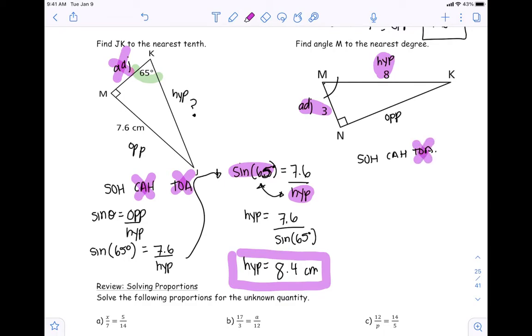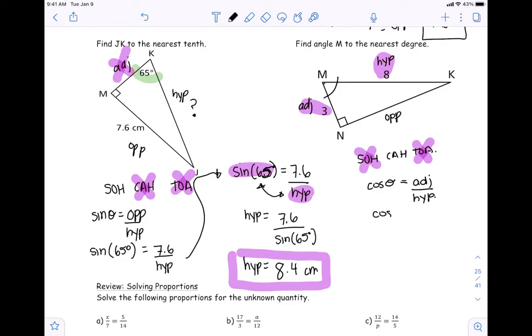So I'm going to ignore SO, which is sine, and I'm going to ignore TOA, which is tan. So that leaves me with cos of an angle that you're looking from, that's going to be M, is equal to your adjacent side over your hypotenuse.